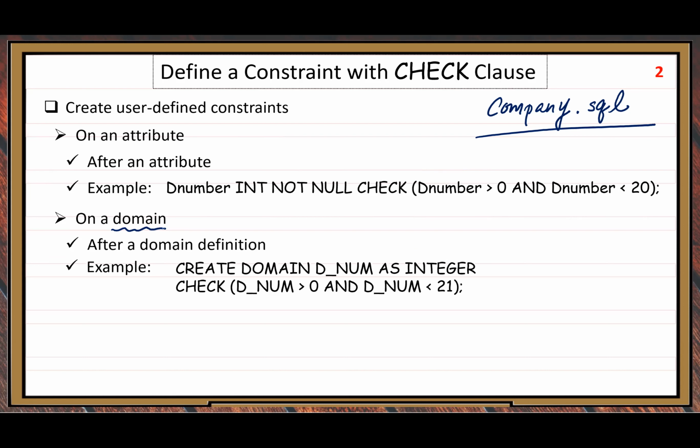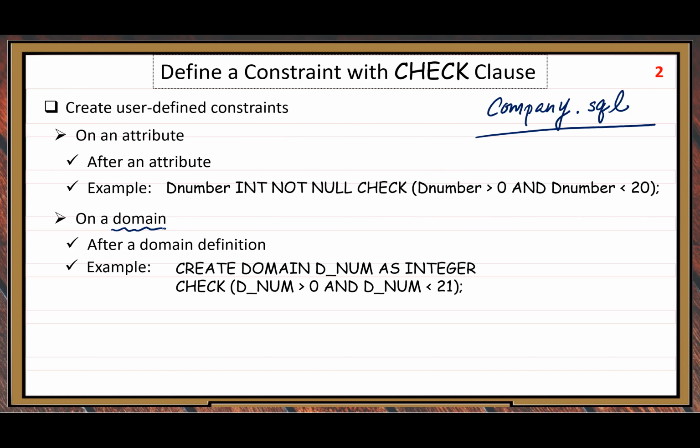Look at this example. Create domain keyword, then domain name d_num. Here, for example, you want to define a range for some special purpose for a certain data type, with this reference name d_num as data type integer.